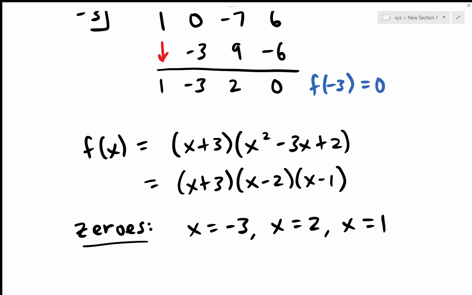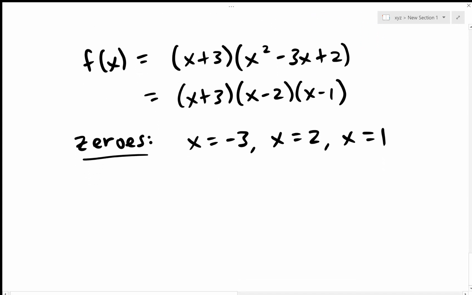Okay, and so our ability to factor a polynomial this way and find these zeros is closely related to what we call the factor theorem, which really just states concepts that we've already observed in the examples we've just been doing.